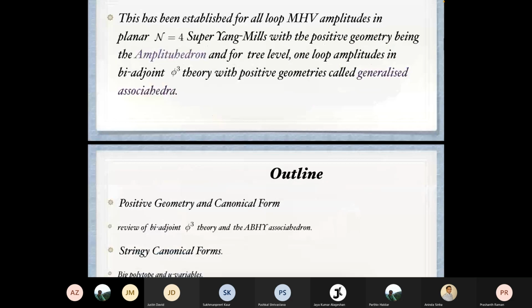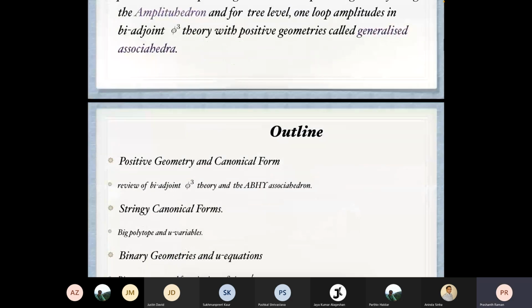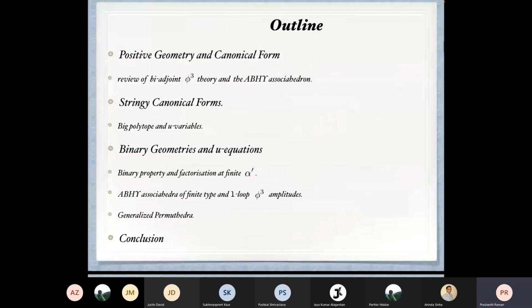Okay, so here is an outline of my talk. The talk essentially has 3 parts. In the first part, we are going to review this connection for bi-adjoint phi cube theory and the associated positive geometry, which is called the ABHY associahedron. In the second part, we are going to generalize this notion of canonical form to general polytopes and study their properties.